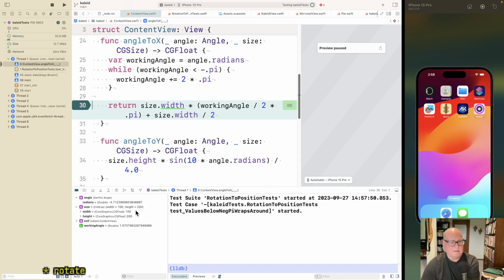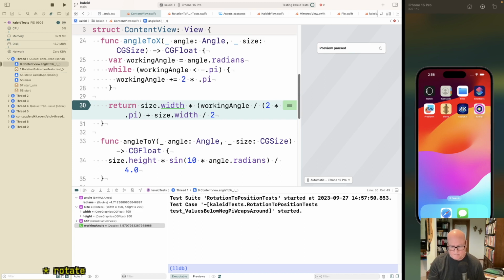That's more like 100. Okay, so size dot width, what's working angle is 1.57. Well, that looks like half of 3.14, so that's pi over 2. Right? So pi over 2 divided by, oh, it should be 2 times pi. Divided by 2 times pi.